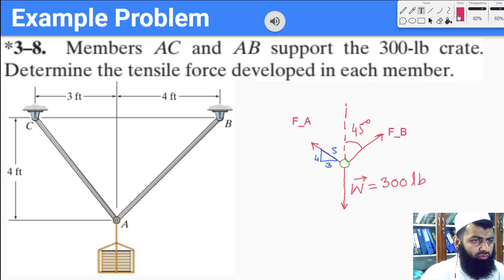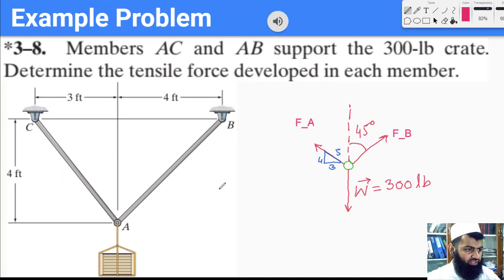Now we want to write the equations for the equilibrium and then find the unknowns. So what are our equilibrium equations going to be? The two equations for equilibrium, as we have done before.